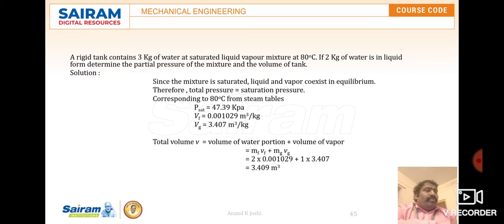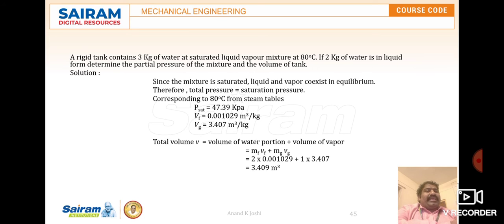So the volume is mf into vf plus mg into vg. Here 2 kg mass is there and vf is 0.001029, plus 1 kg of vapor into 3.407.